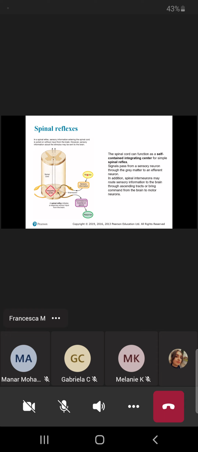So you have the stimulus, the information that moves through the afferent division, and it is elaborated in the spinal cord. It's the spinal cord by itself that, thanks to the elaboration of this information, sends the output, and so we have the response to the stimulus. In this case, we do not have the involvement of the brain. Of course, the information can also be sent to the brain, but for simple spinal reflexes, this information can be elaborated in the spinal cord by itself.